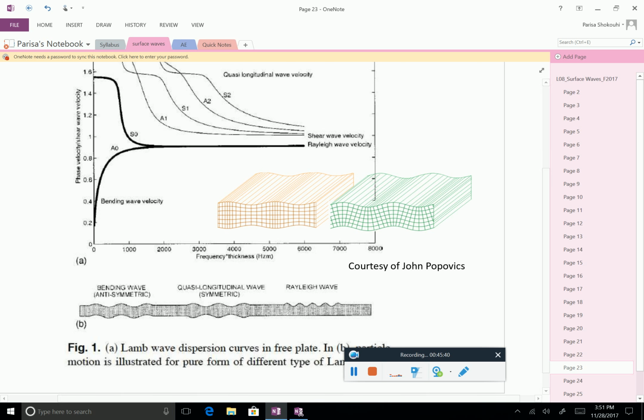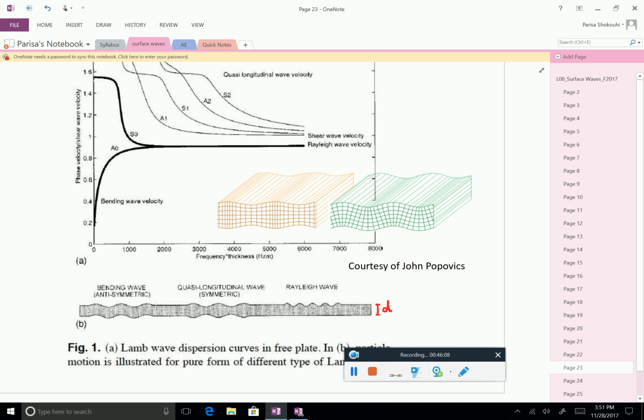The thickness is D. You have two surfaces, one on the top and one at the bottom. And under normal conditions, there is no stress on the top or at the bottom. So the boundary conditions become no stress at this level and no stress at the other level.